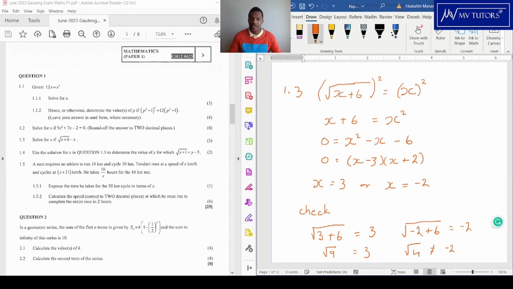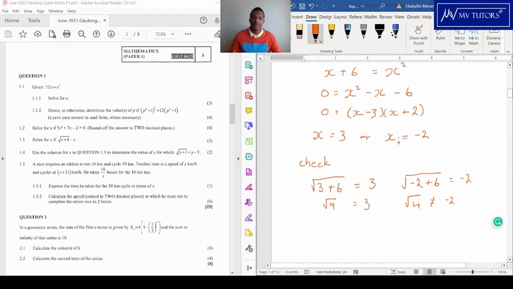No. Therefore, we can conclude then and say that x is equals to 3, but x is not equals to minus 2. We reject that one. If you don't reject it, you lose out a mark. You have to do this check in order for you to reject it.